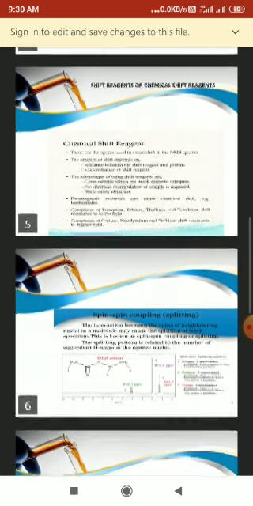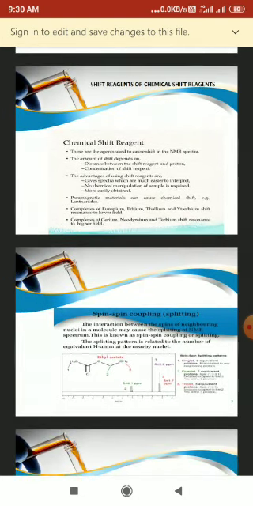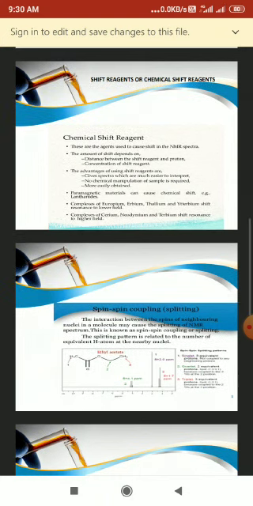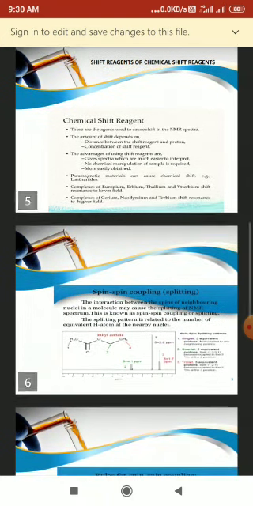Now we will see the next concept, spin-spin coupling, which is also called spin-spin splitting. On observing the NMR spectra of compounds, it is seen that the signals are split into a number of lines. For example, in ethanol, CH3CH2OH, the signals given are a singlet for OH, a quartet for CH2, and a triplet for CH3.